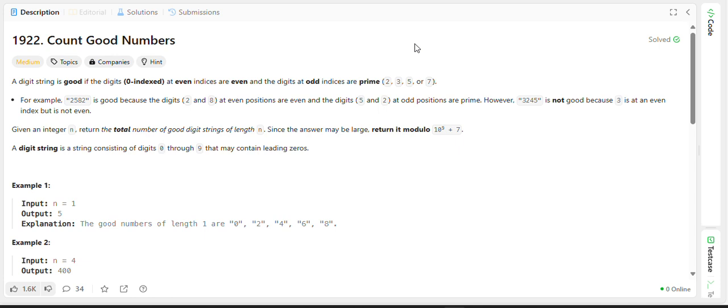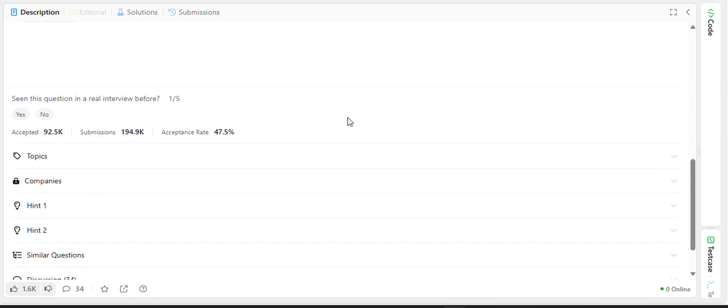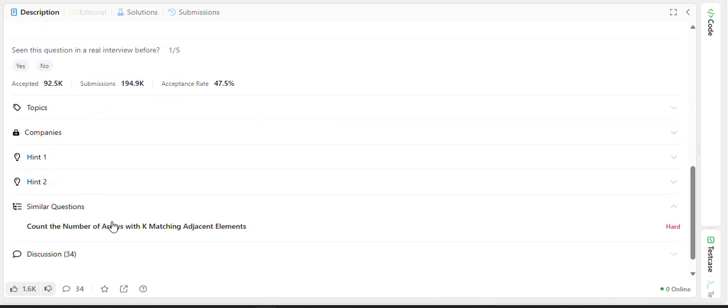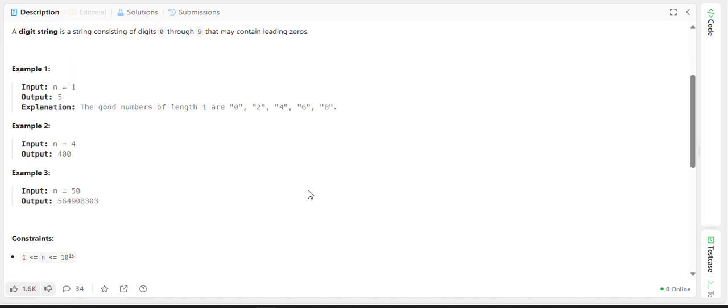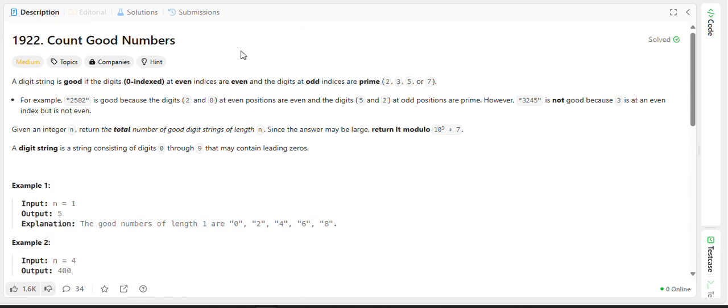I have chosen this question because it is related to one of the questions from the recent contest, that is count the number of arrays matching k adjacent elements. It is a hard level question, so before solving it, it's better to solve a medium level question that will clear up many of the concepts, right?